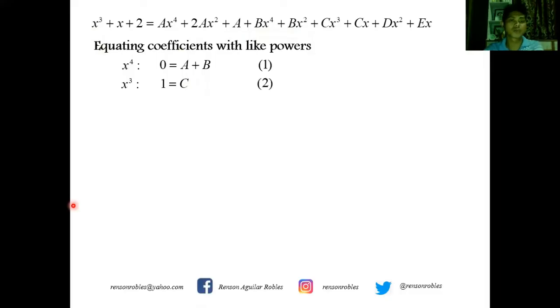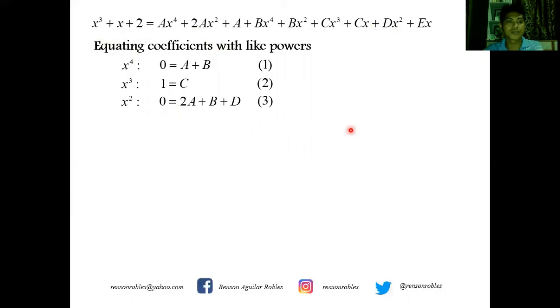And then for x, we let it be equation 2. And then for x squared, on the left side, there's no term containing x squared. Okay, and then on the right side, you have 2a plus b x squared plus dx squared. So the coefficients are 0 equals 2a plus b plus d.